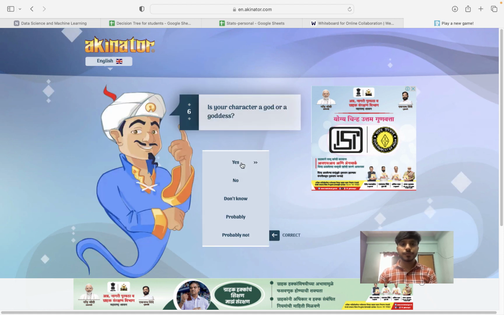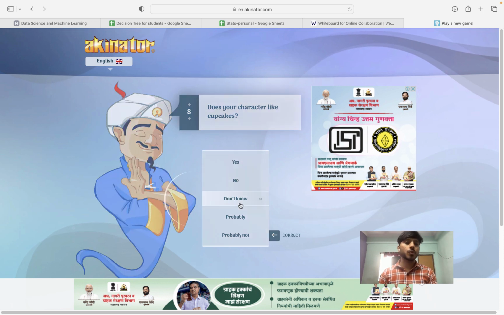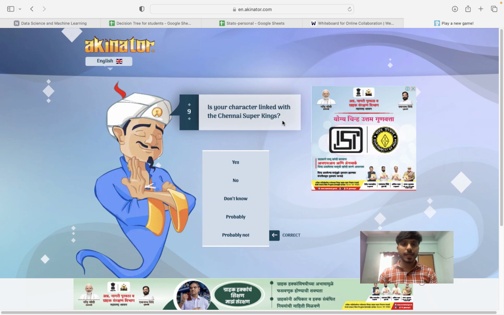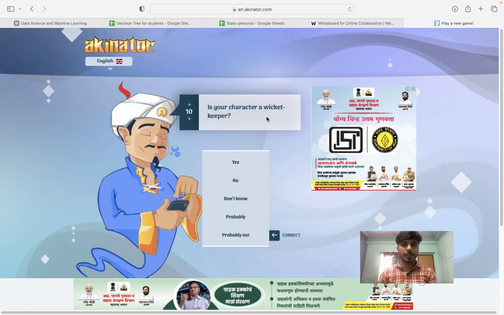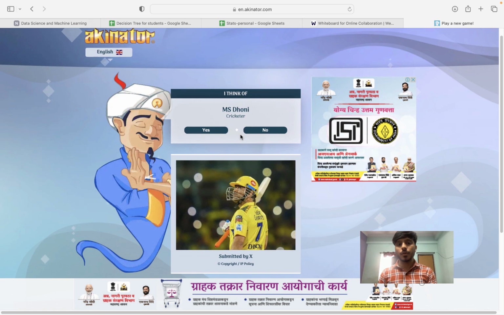Yes. Is your character a god or gods? No. Is your character left wing? No. Does your character like cupcakes? Don't know. Is your character linked with Chennai Super Kings? Yes. Is your character a wicket keeper? Yes. See, it has predicted or classified that person as MS Dhoni.